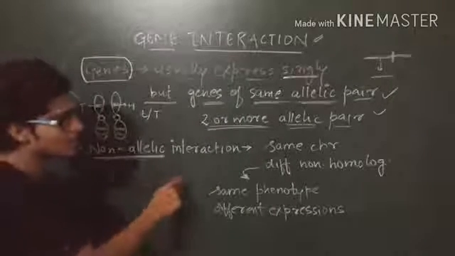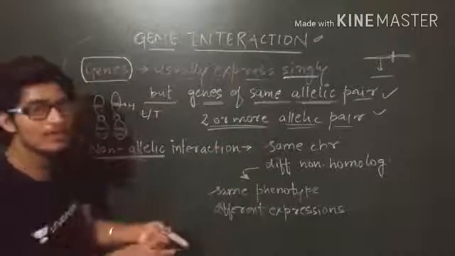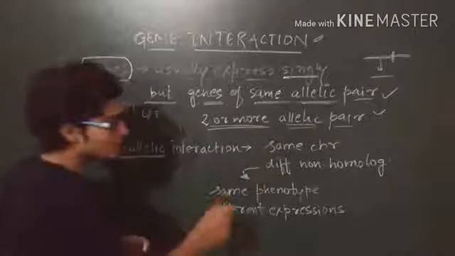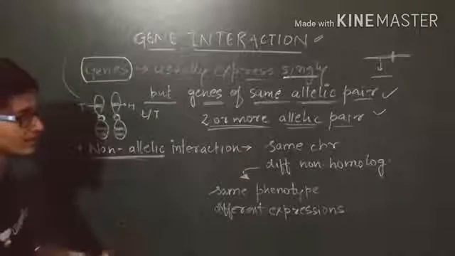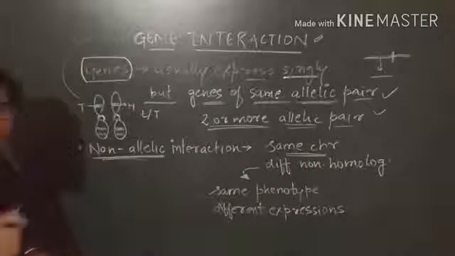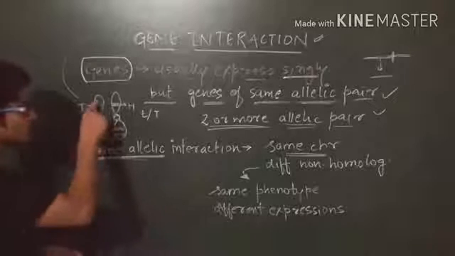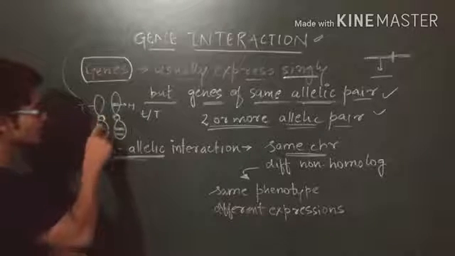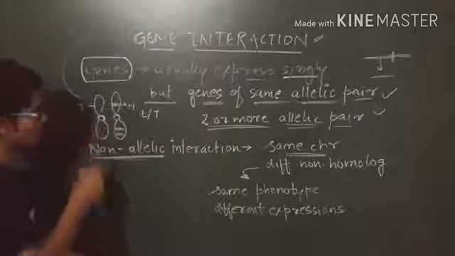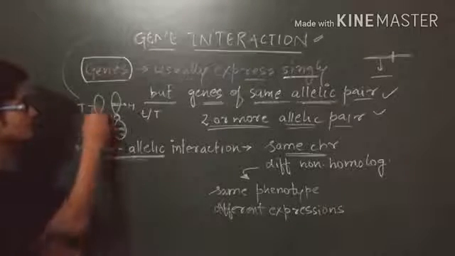But in non-allelic interactions, when we talk about non-allelic pairs, where these two are not alleles, there can be two different cases. There is the case of the same chromosome: if both the genes are present on the same chromosome, then they must not be sharing the same place.